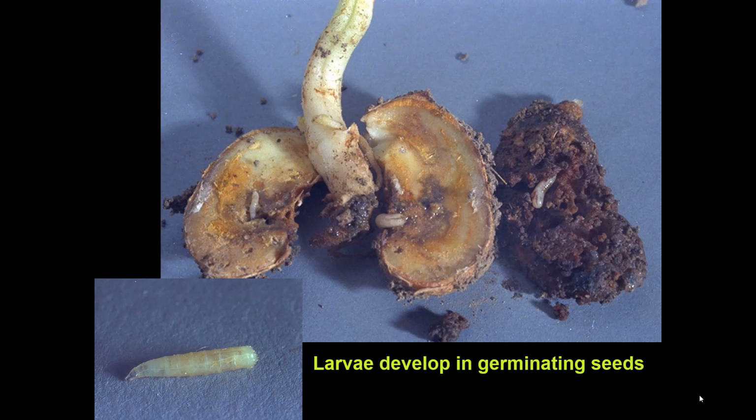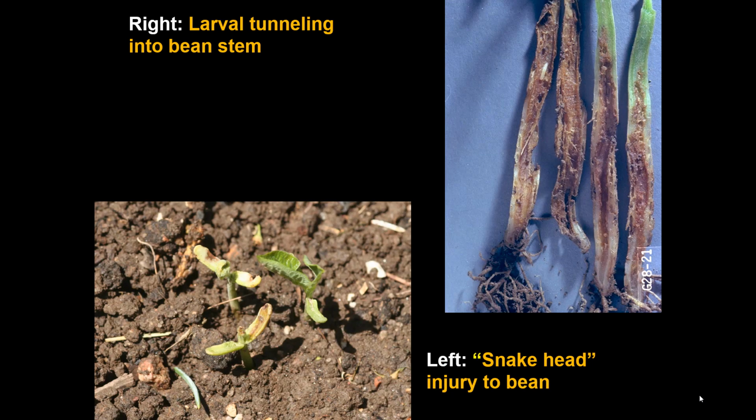So the larvae, when they're causing damage to crops we worry about, could be developing in the germinating seeds. So here we can see a couple seed corn maggots in bean seeds, and if this happened at an early stage, the bean may be so riddled and then invaded by decay that it just doesn't even emerge. And they also can then later tunnel into the base. So in the picture on the right, you can see some internal tunneling, and that would cause the plants to wilt.